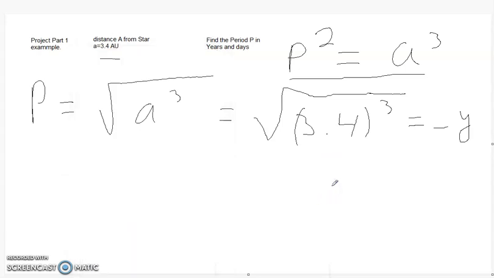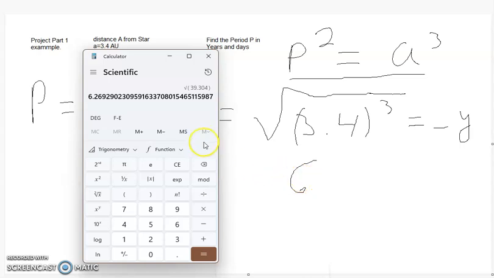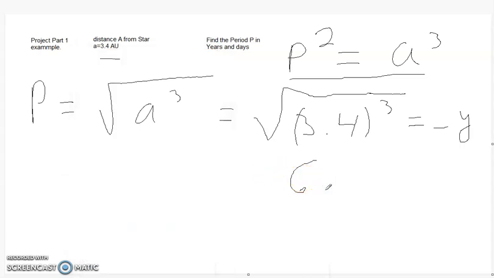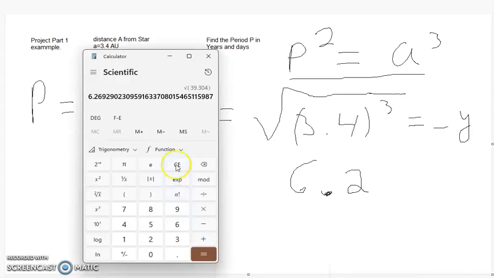Let me write 6 here. 6 point. I've got to use the mouse, unfortunately. That's an awful looking decimal. All right, 6.2. Sorry, I'll get my stylus.